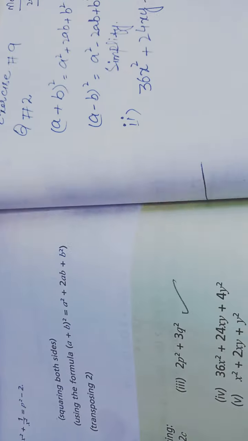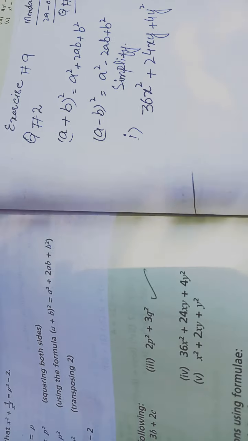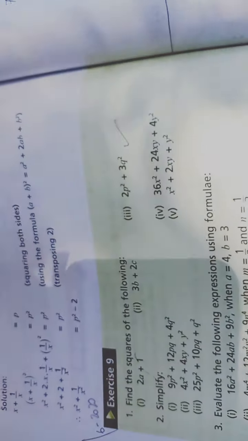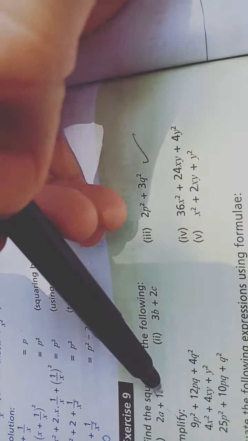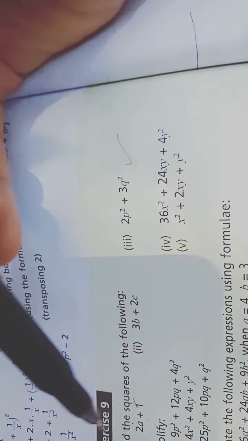As you know, last time we did the formulas and you have learned them. In this question number 2, you have to simplify into that formula. In question number 1 we opened the formula, and in question number 2 we will close the formula.